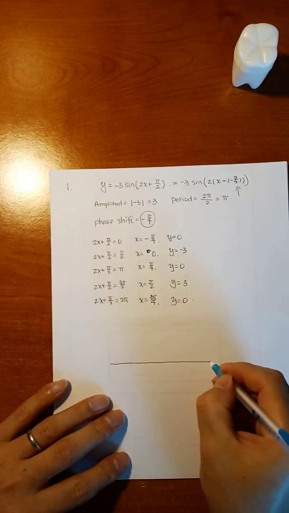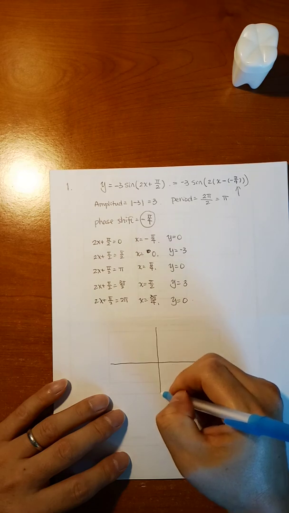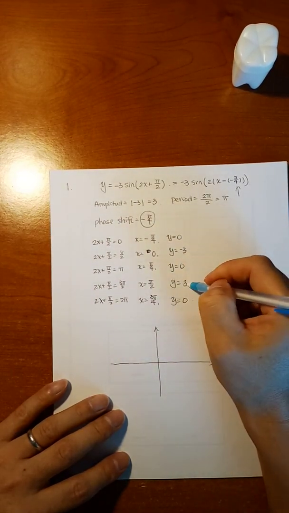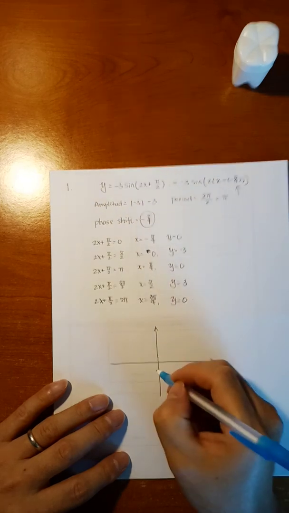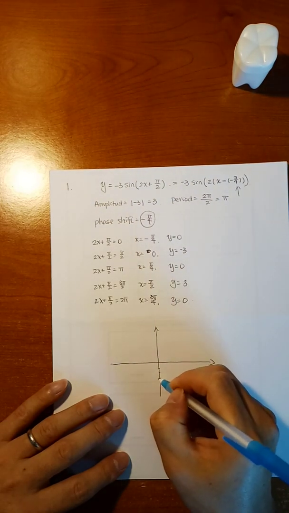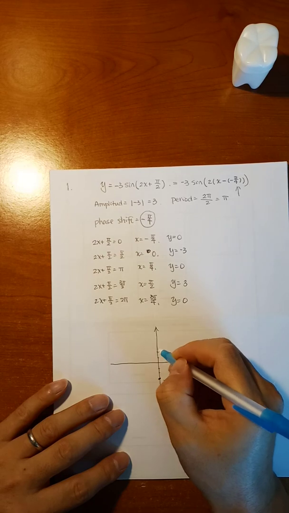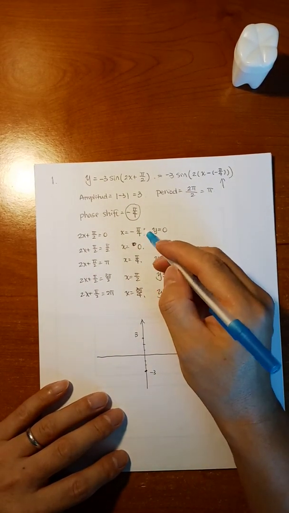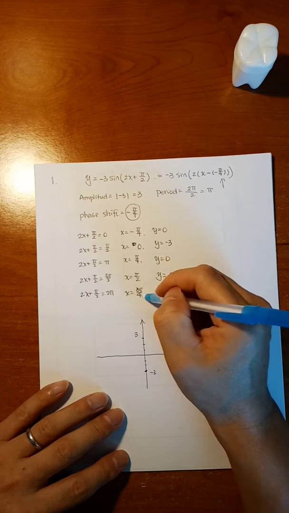Okay, so let's try to sketch it. We have the maximum value positive 3, minimum value negative 3. So 1, 2, 3, this is negative 3. 1, 2, 3, this is positive 3. We start from negative pi over 4, and then we reach 3 pi over 4.